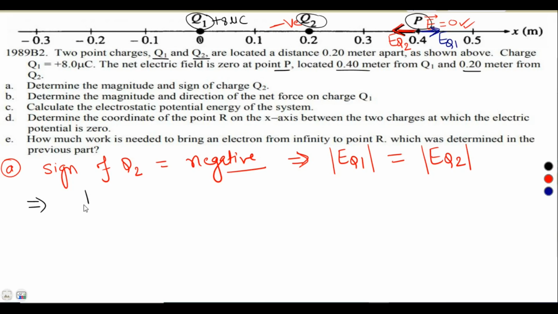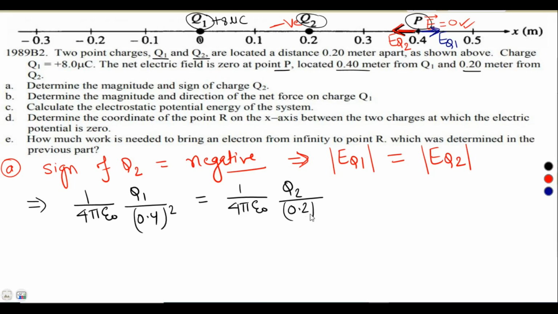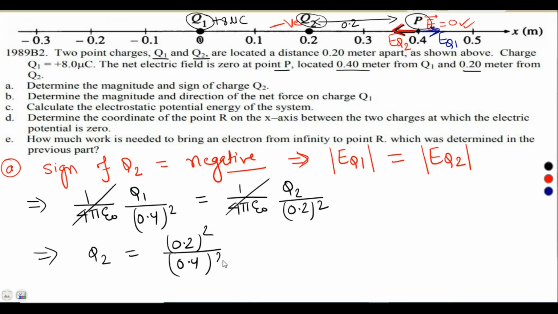So this will be 1 upon 4 pi epsilon naught, Q1 upon 0.4 whole square, is equal to 1 upon 4 pi epsilon naught, Q2 upon 0.2 whole square, right? The distance between Q2 and this point P is 0.2, right? So this will cancel out. So Q2 will be equal to 0.2 whole square upon 0.4 whole square into Q1.